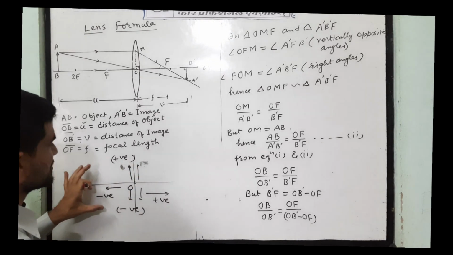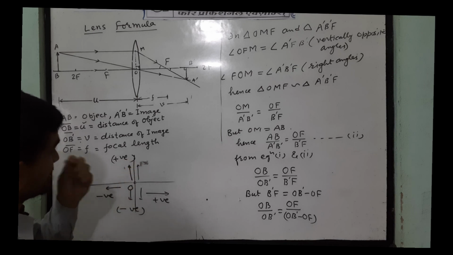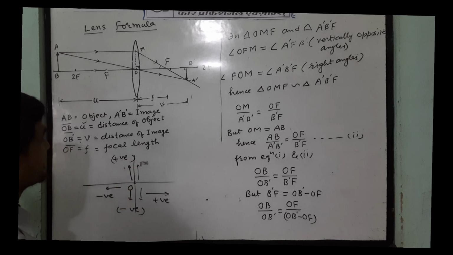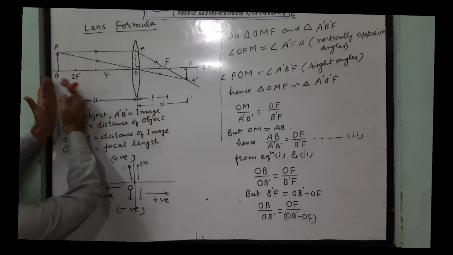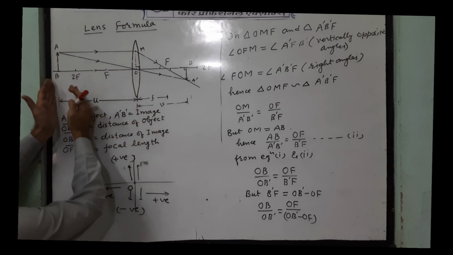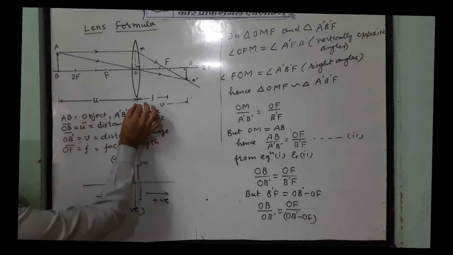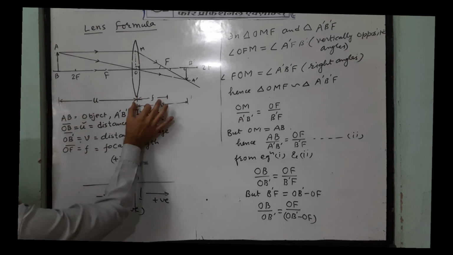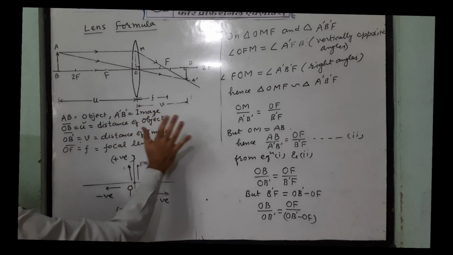So we will use this sign convention to find the distances. Here you just see, children, OB is situated on the left side, so U will be negative. F is on the right side, so we will take F as positive. Here V is on the right side, we will take V as positive.